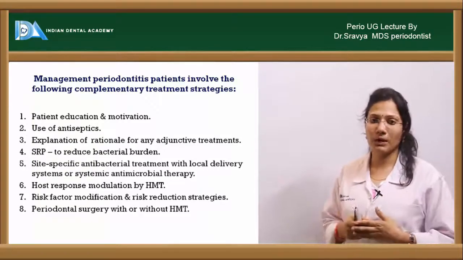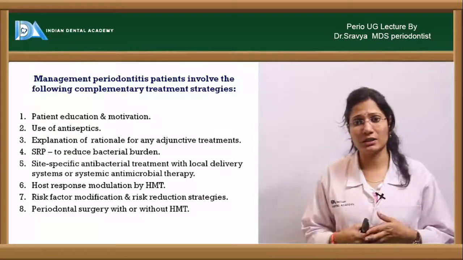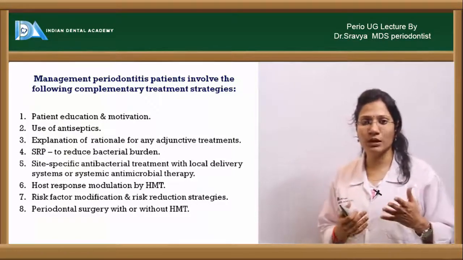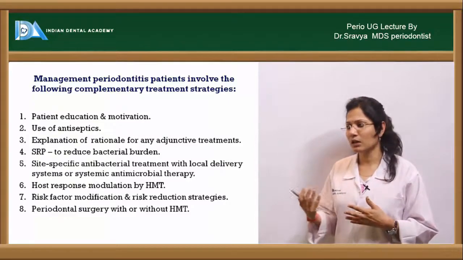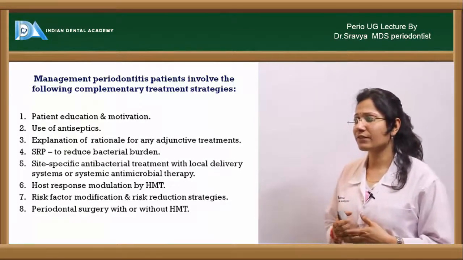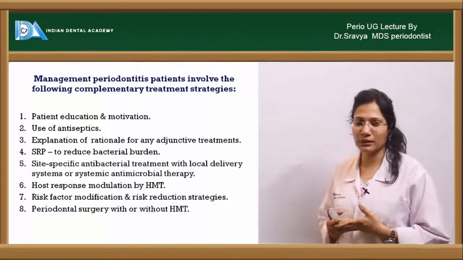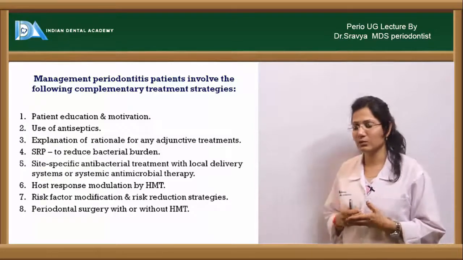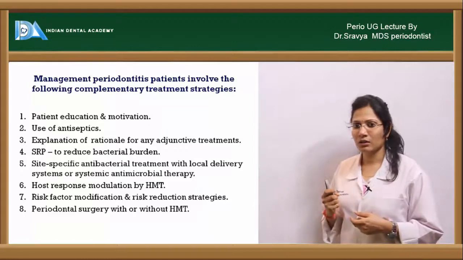Probably you can put the patient on mouth washes, that is chlorhexidine antimicrobial mouth washes, or else you can do antimicrobial subgingival irrigation, local drug delivery systems, etc. The site-specific antibacterial treatment with local drug delivery or systemic antimicrobial therapy is also one of the complementary treatment strategies available today for managing periodontal disease cases.